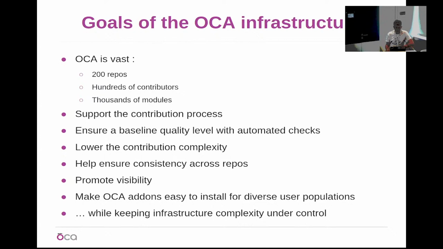Also, one goal is to make the installation of OCA add-ons as easy as possible to a variety of user populations. That can be people downloading from the Odoo App Store, although it's not the best maintained one. We have people installing with Git submodule, using them on Odoo SH, on premises, and so on.